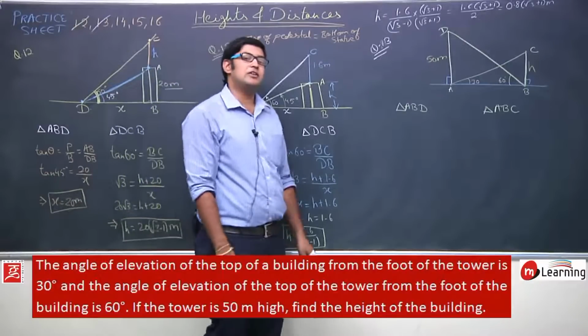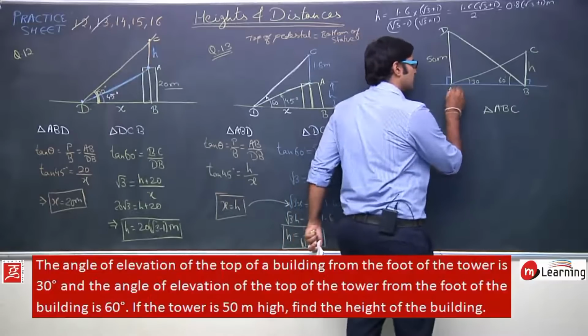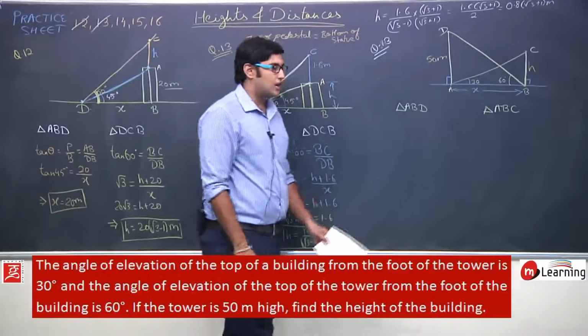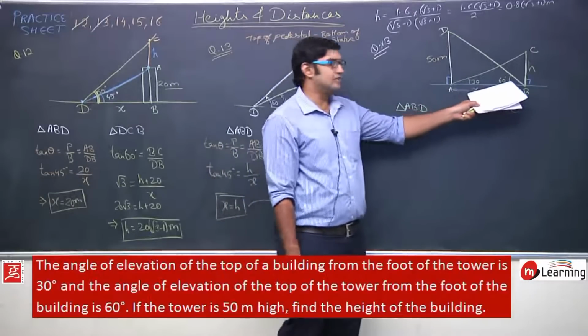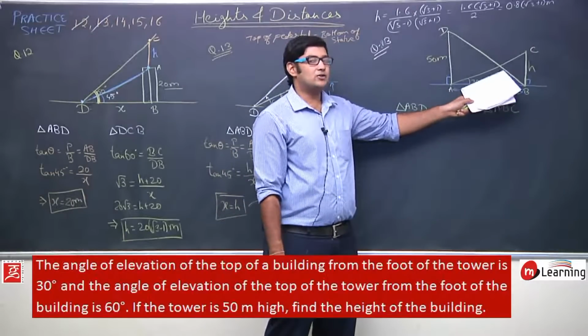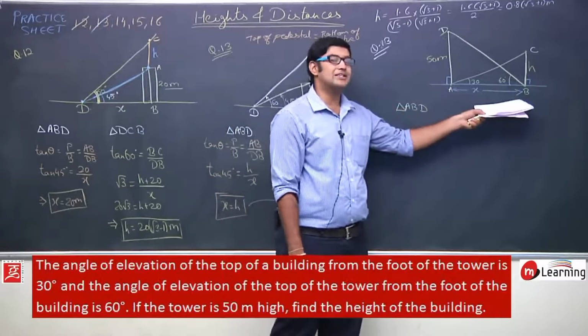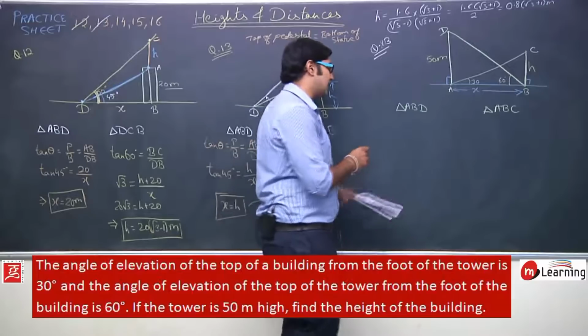Now what is common between the two triangles? The common side is this AB. Let us say AB is X. Now observe triangle ABD. In triangle ABD, this angle is 60 degrees. With respect to this 60 degrees, AD is the perpendicular and AB is the base. Perpendicular upon base is tan theta.